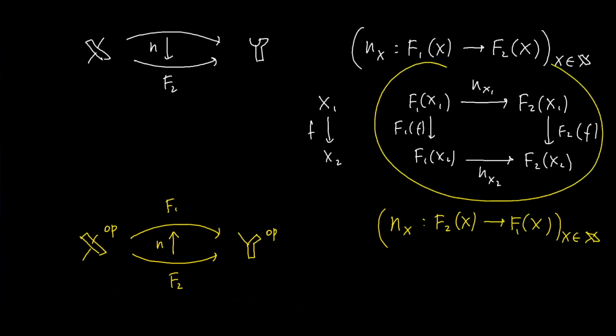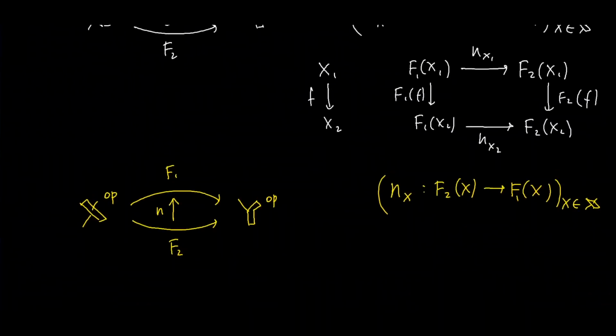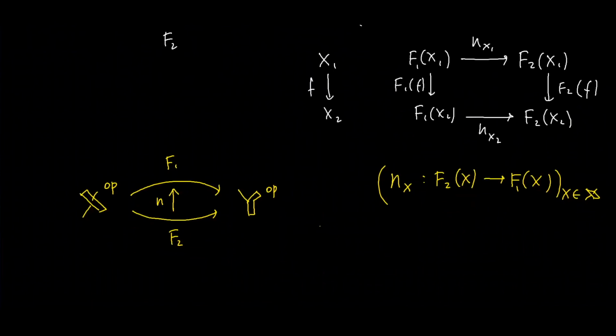And what becomes of this diagram? Well, the direction of arrows needs to change, and then composition also swaps around, right? So we just draw the new picture with new directions. So f now goes from x2 to x1 because we dualized x as well. And for every such thing, I now require the following diagram to commute.